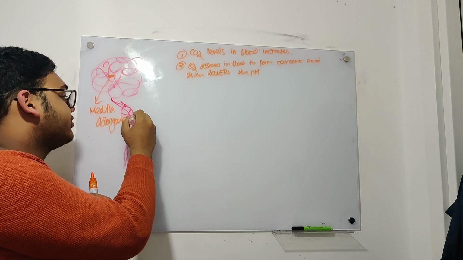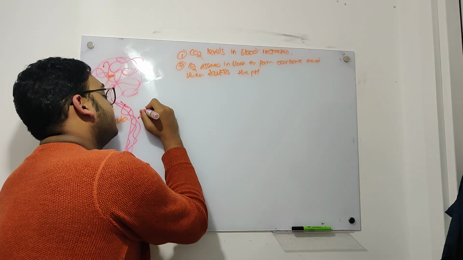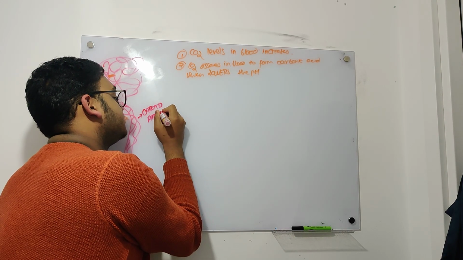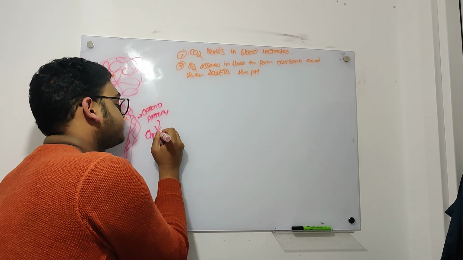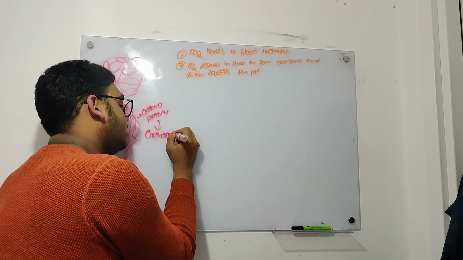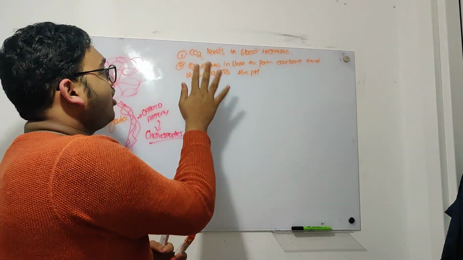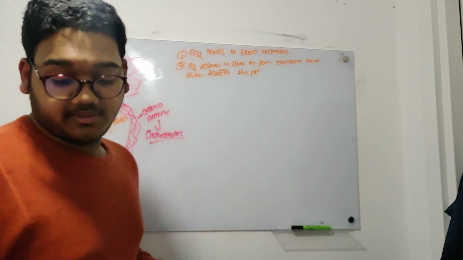So I'm going to draw an artery there. Carotid artery, and they contain chemoreceptors that will detect that change in pH. So carbon dioxide dissolves in the blood to form carbonic acid, which lowers the pH.